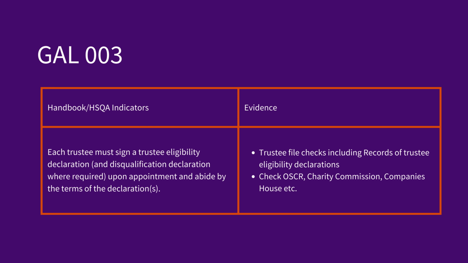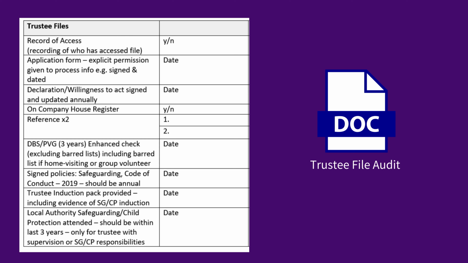So if we look at the indicator GAL003, for example, this is around trustee eligibility declarations. The evidence for this one, you will have covered in the Protecting Families submission because it's part of the trustee file audit that you look at.